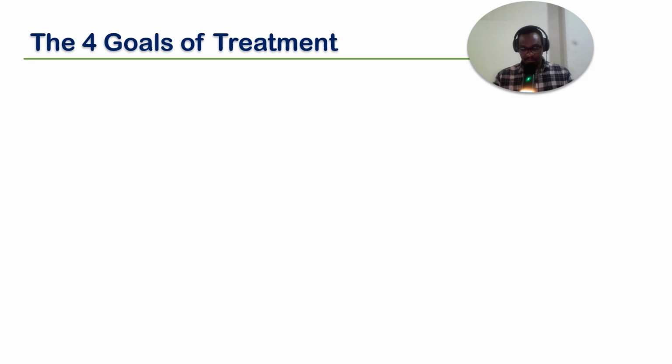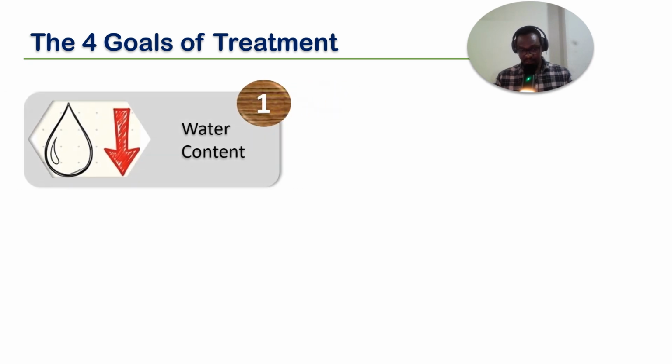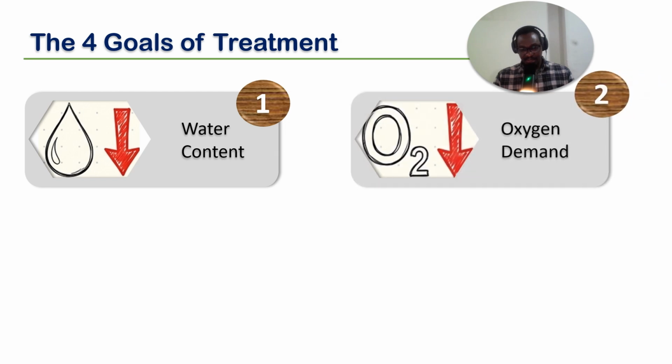Now, our goals here for treatment are majorly four. The first one has got to do with water content, moisture content. Fecal sludge contains up to 80%. Let's talk about 80% moisture, then 20% solids. And then the other is to do with managing the oxygen demand. Make sure it's low so that it does not promote rapid growth in water bodies.